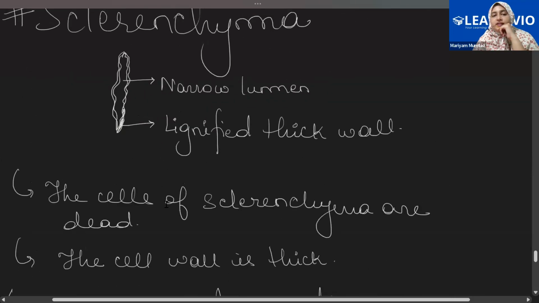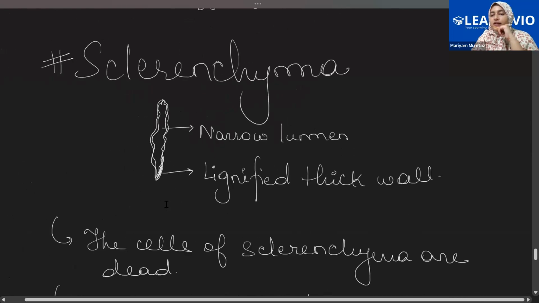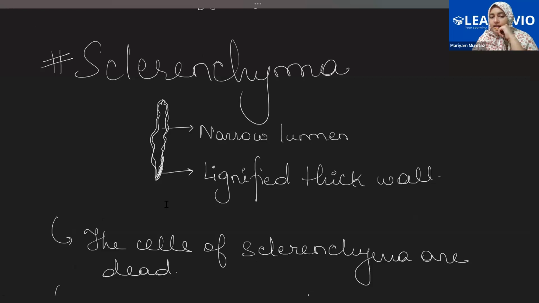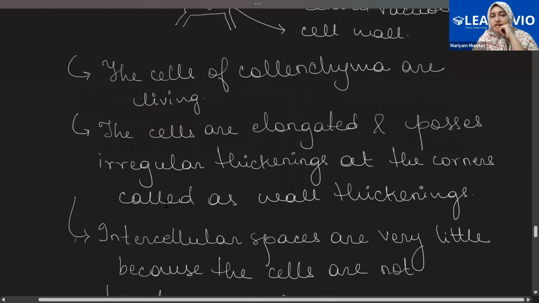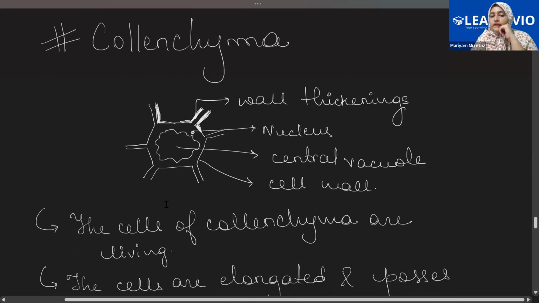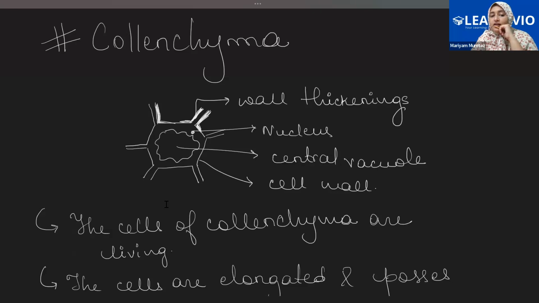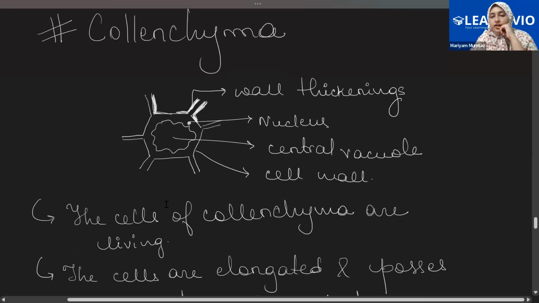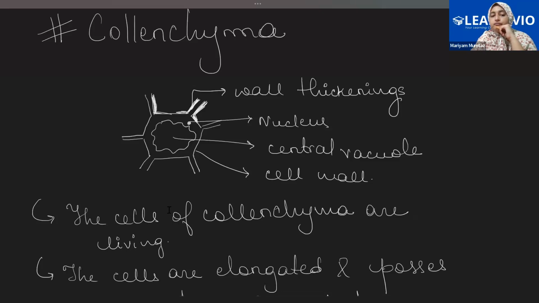Now, in the previous class, we had talked about sclerenchyma, right? Let's quickly revise the two things that we talked about. The first one was collenchyma. Collenchyma is one type of simple permanent tissue, and all of its cells are living cells, which means the protoplasm is present in them.